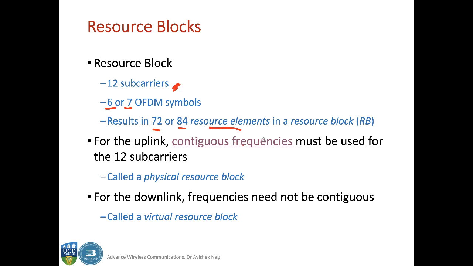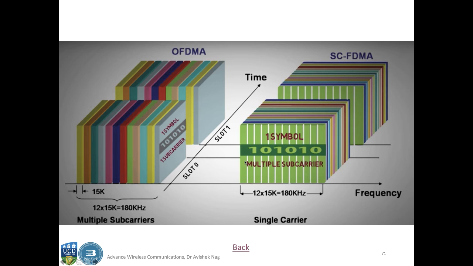So if you see this arrangement here, OFDM versus single carrier FDMA. So OFDM is used for the downlink part. Okay. So in the OFDM, each of these subcarriers has to be contiguous. Okay. So they have to be one after another. Okay. So this is for downlink. For uplink, you have SCFDM, and you don't need to be having contiguous subcarriers.